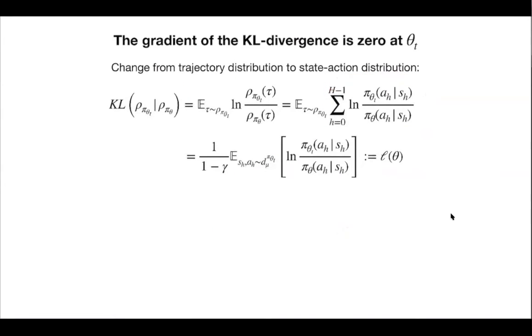And let's just push the expectation inside this summation. Now we just convert everything into the state action distribution. Because once we put the expectation inside the summation, what we care about is only a particular distribution over SH and AH. So we marginalize over the rest of the variables and only keep the distribution of SH and AH.